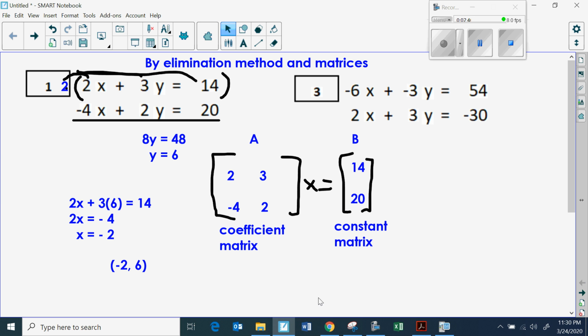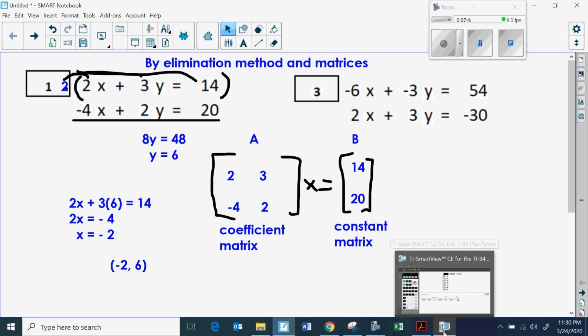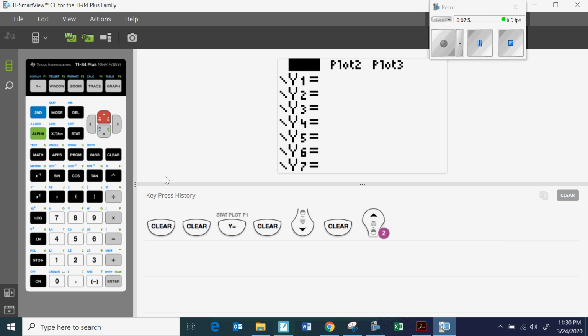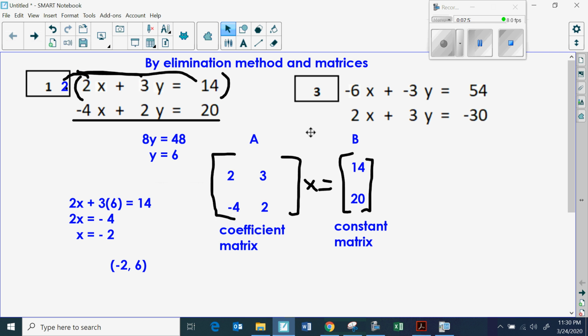Now we're going to see how you plug it in a calculator again. We've already done a video on this, but here it is again. Before that, we want to identify the dimensions. Remember, when we identify the dimensions, it goes rows first and columns second.